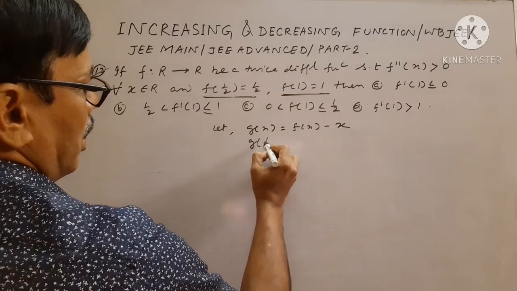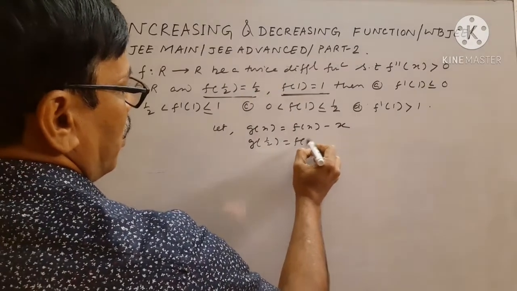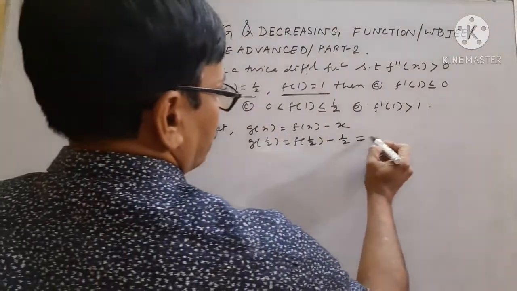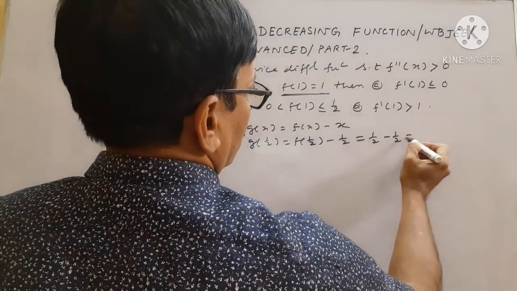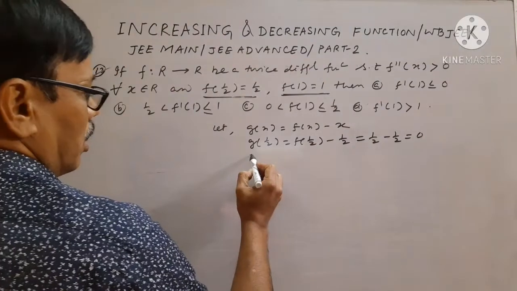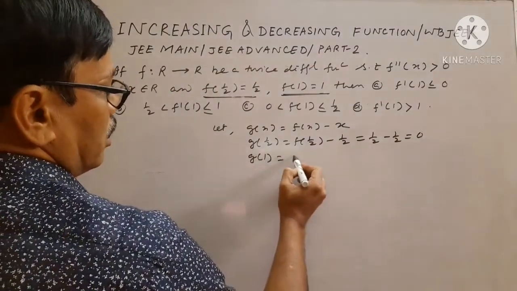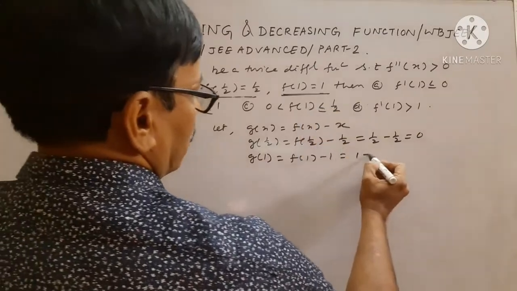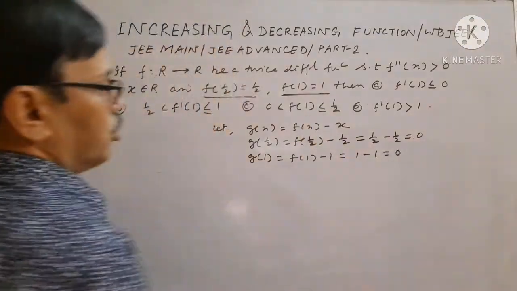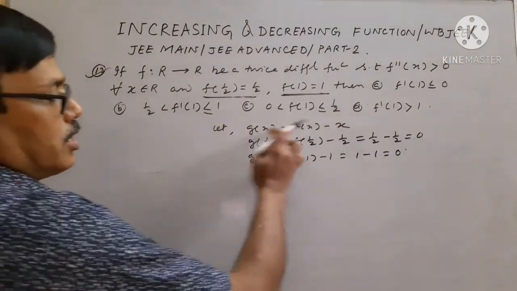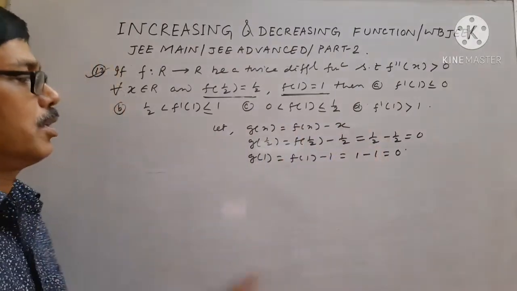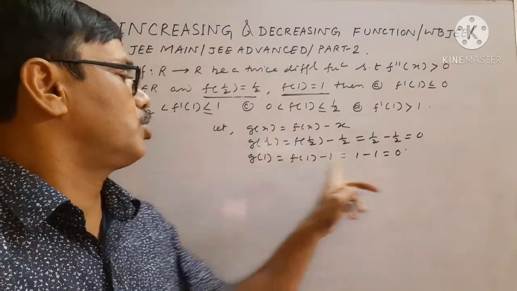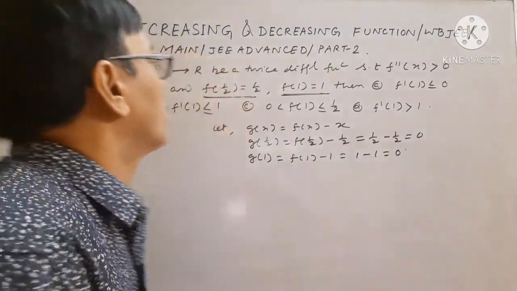So what is g half? f half minus half, so f half is half, half minus half equals 0. Now what is g1? f1 minus 1, so f1 is 1. That is why we are taking gx in this way. So we are getting g half equals 0, g1 equals 0.